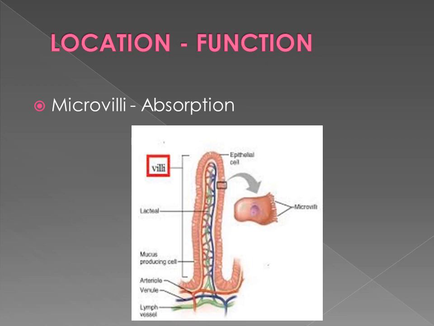The food will be digested, and after that the digested nutrients have to be transported to the circulatory system, right, to reach all the cells. So these digested nutrients will be absorbed by the small intestine, especially by the microvilli.